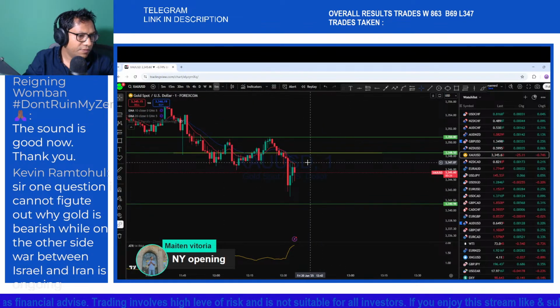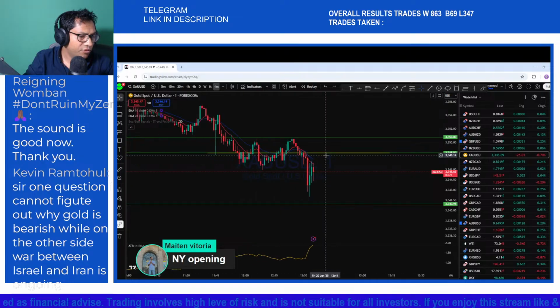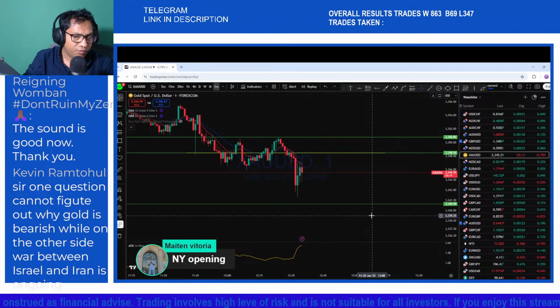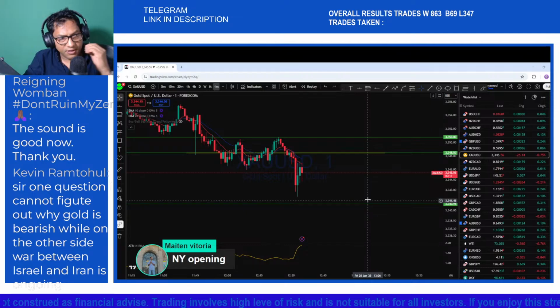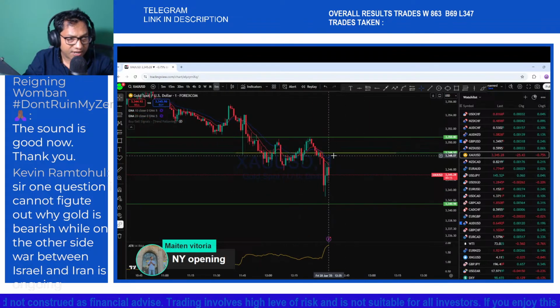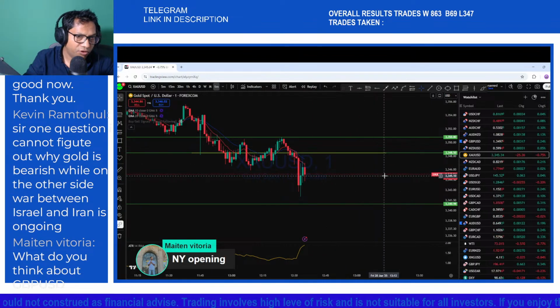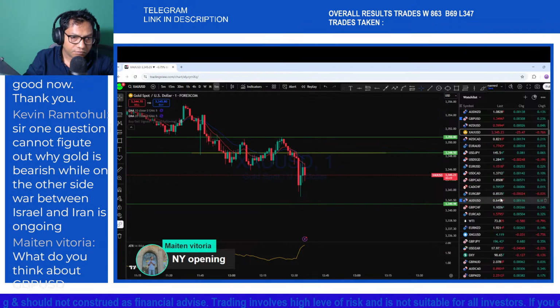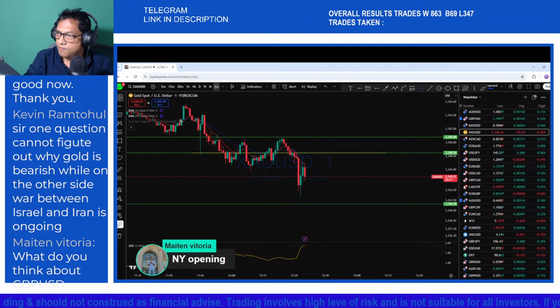So if the price is reaching here, we will be looking for possible sell from this level to this level, from 3348. If we see the market reach that level, that's where you can look for an entry to see if it is hitting that level.